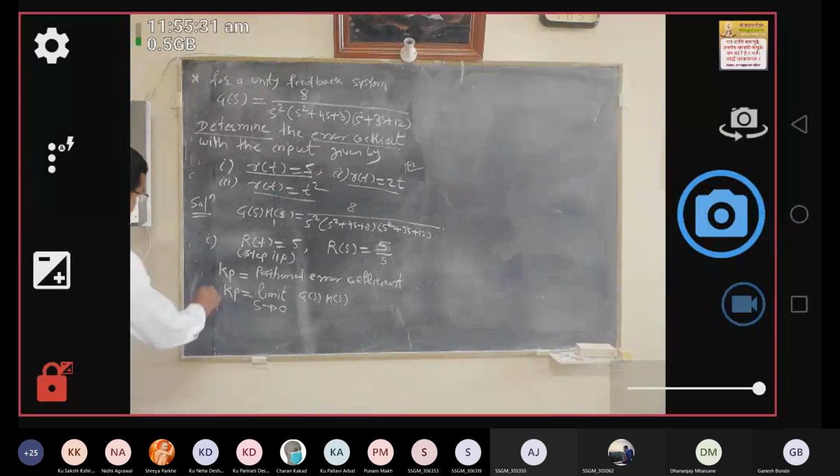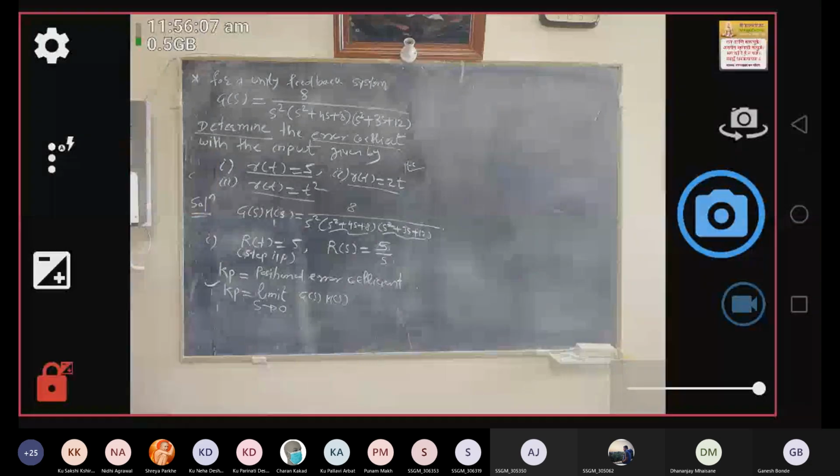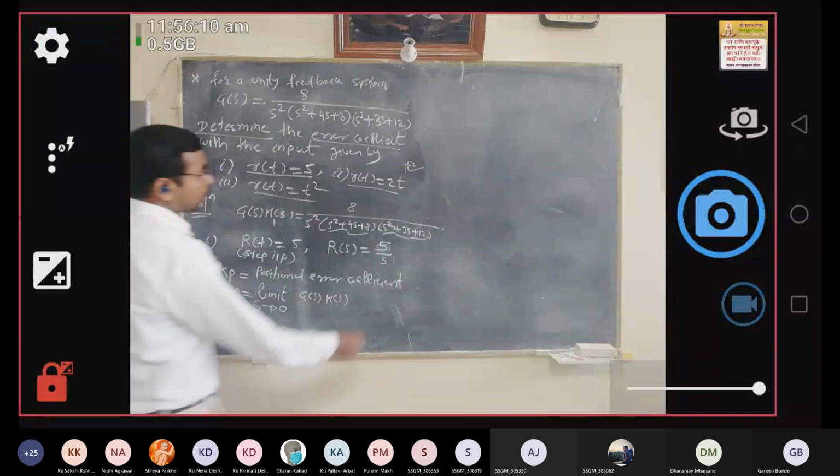So tell me the value of Kp. What are the factors of these two terms, s square plus 4s plus 8 and s square plus 3s plus 12?